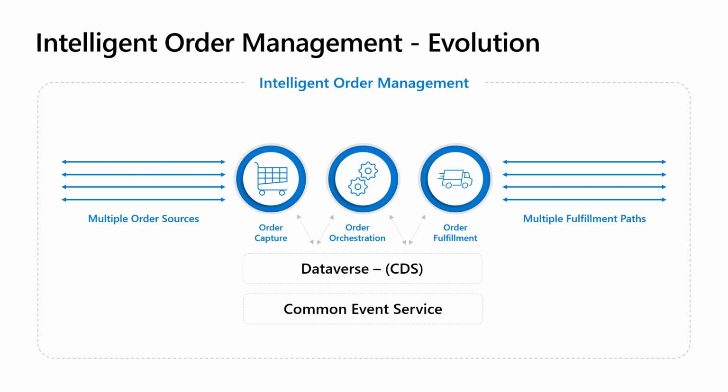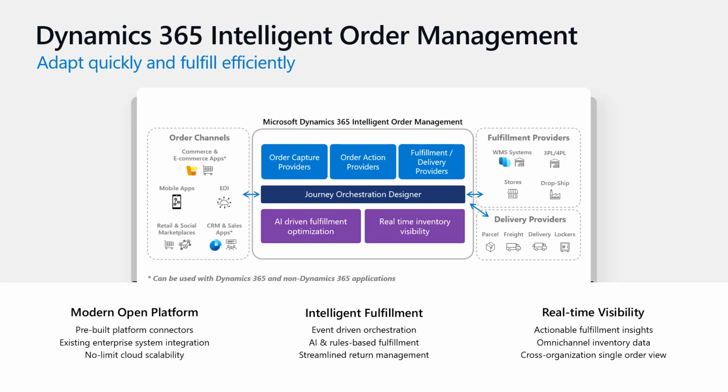If we look at an order flow, I can have orders coming from multiple different order sources. Those orders can come in and trigger events on the Dataverse application, which can trigger the orchestration process to determine logic that we've built into the orchestration that will determine how we fulfill the order and send it out to different fulfillment paths. So that's essentially the order flow that will happen within the application.